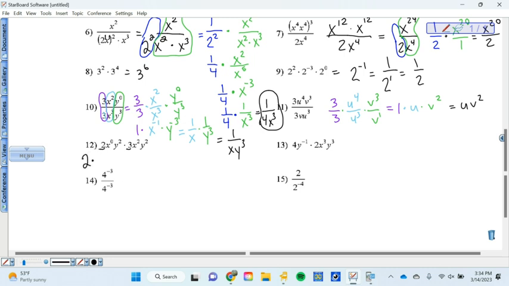So 2 times 3. And then what are my other two bases? X and y. So I'm going to take x to the 0 times x squared, gathering the like parts together. And then I have my y squared times y squared.